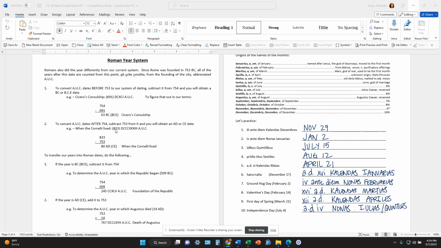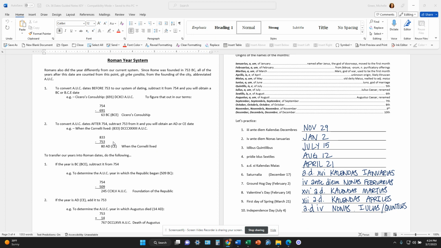So we're going to take that AUC date larger than 753 and subtract 753 from it, and that will give us an AD date. We do not need to count for year zero here because it goes from basically -1 to 1. And this is when the Cornelius family lived, 80 AD or 80 CE.